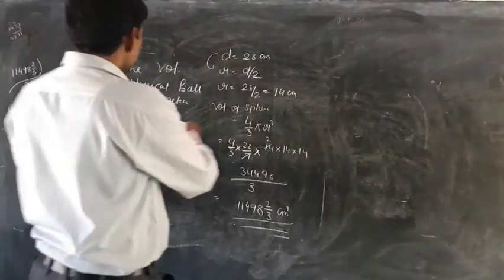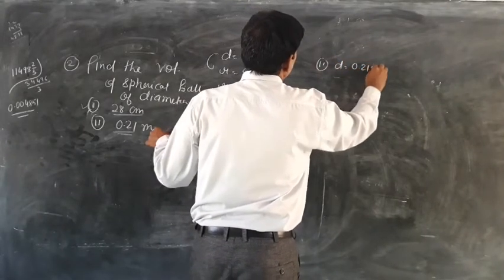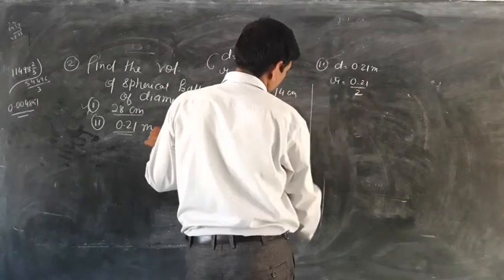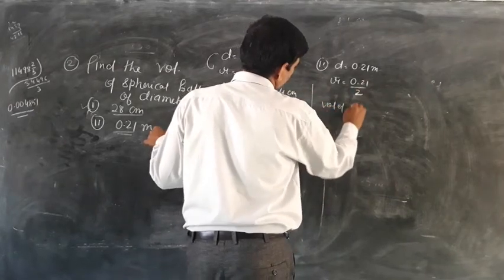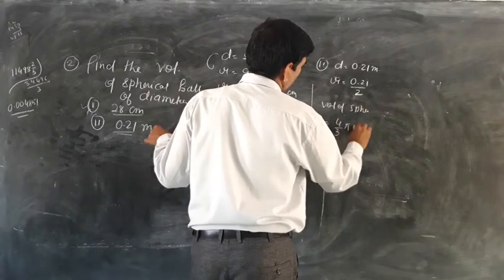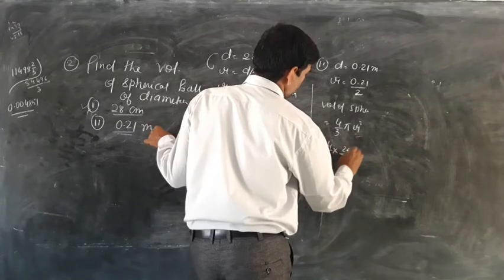And the second one, diameter will be 0.21 meter, that is radius is equal to 0.21 upon 2. The volume of sphere is equal to 4 by 3 pi r cube, that is 4 by 3. The value of pi is 22 upon 7.